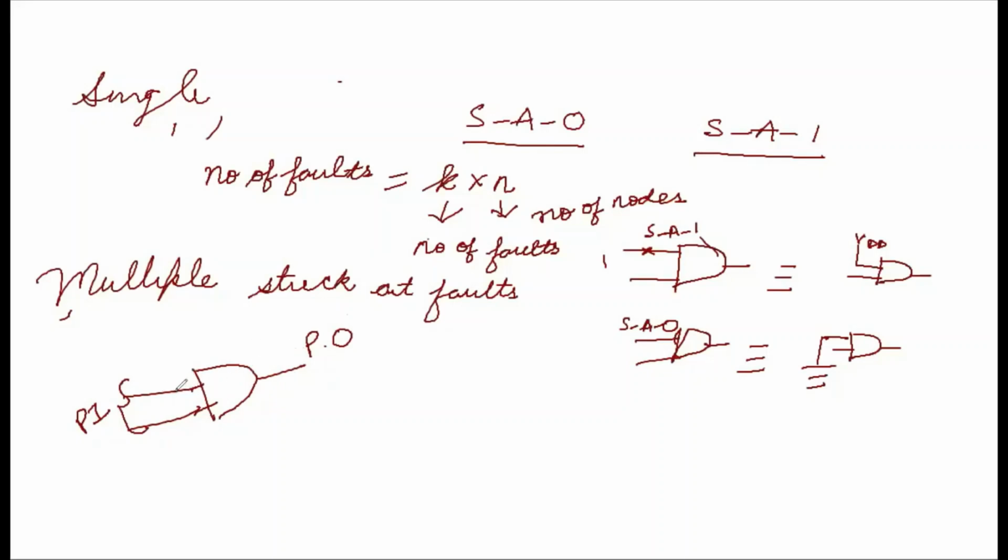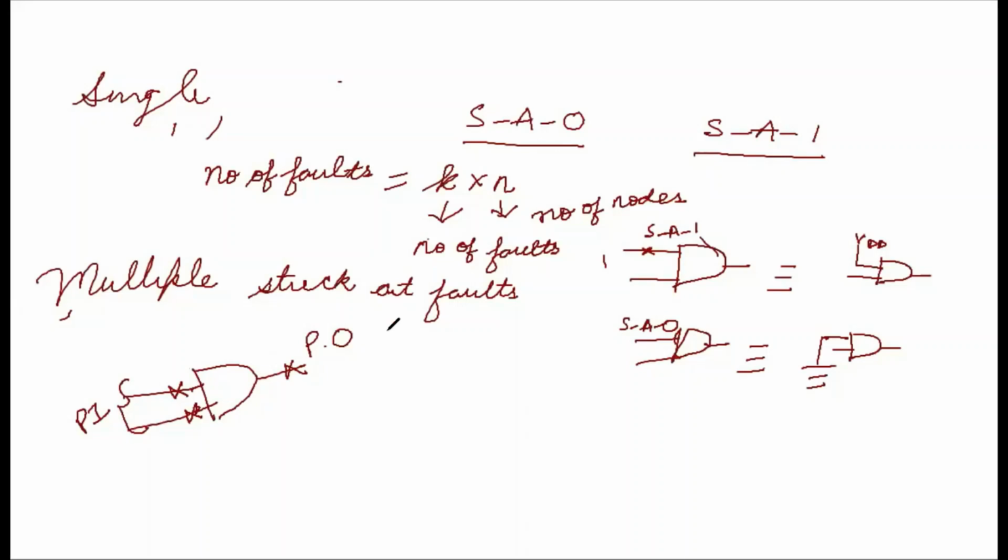So in all these signals, either I can have this line stuck at 0 or stuck at 1, or this line stuck at 0 or stuck at 1, or this line logic level stuck at 0 or stuck at 1. So all these primary inputs and primary outputs constitute the node points.